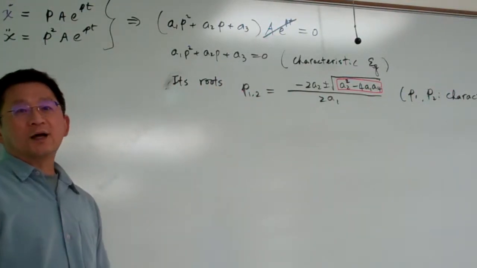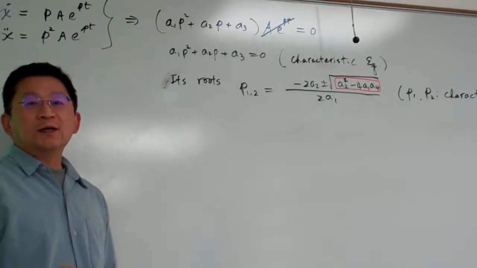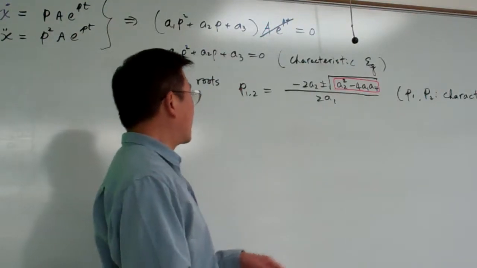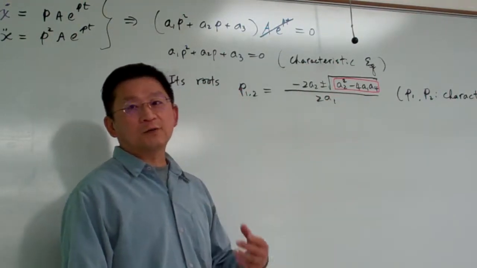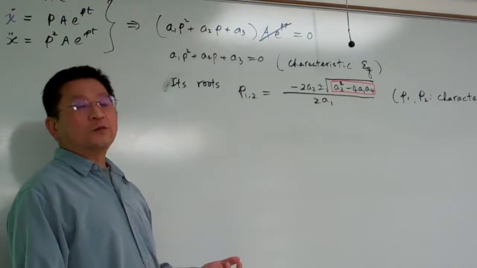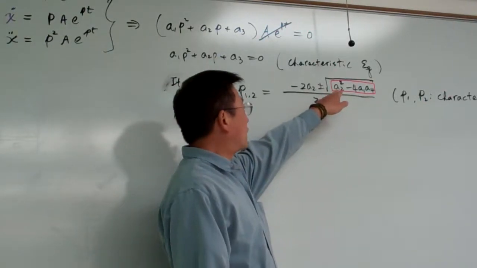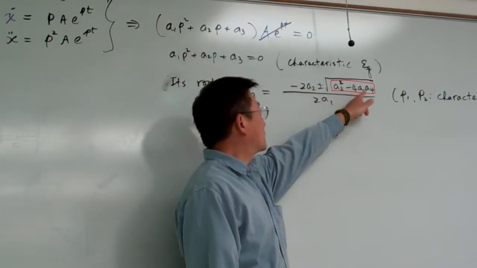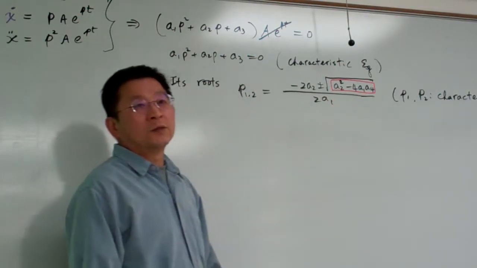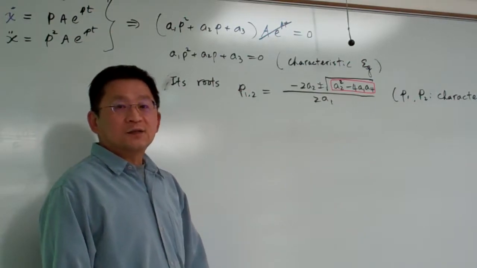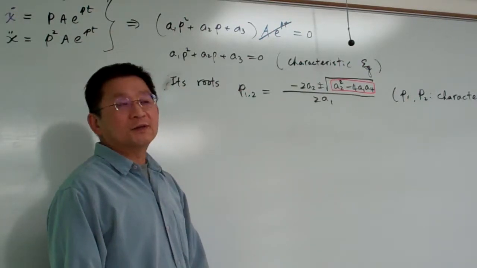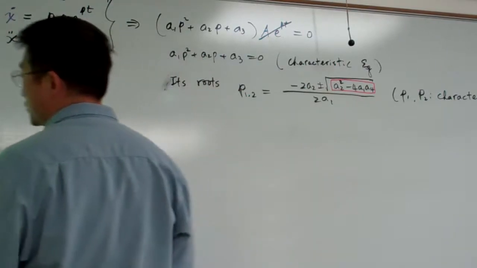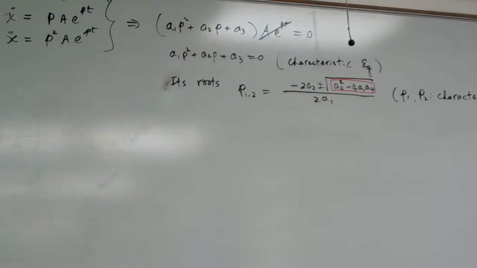The square root of non-negative numbers gives us real numbers. If for some reason we take the square root of a negative number, which depends on how the terms combine, then that will give us imaginary numbers. So here we're going to discuss the three possibilities.